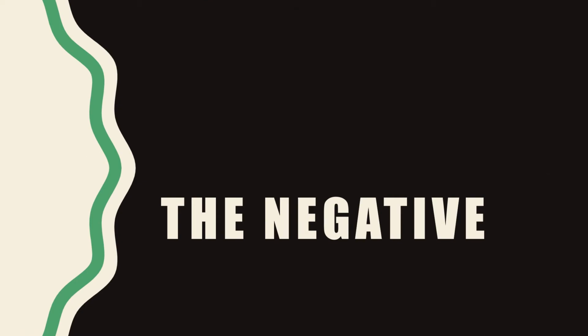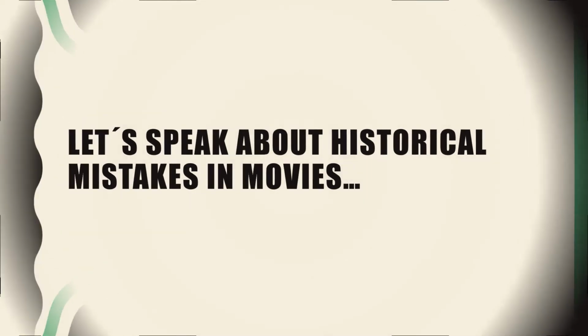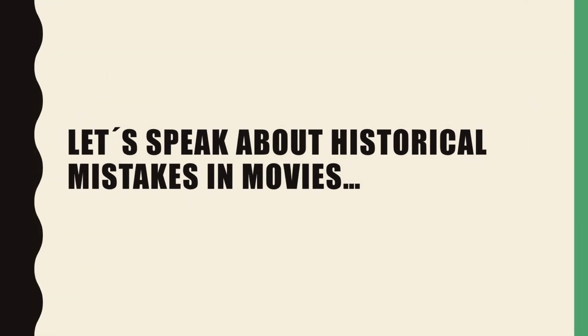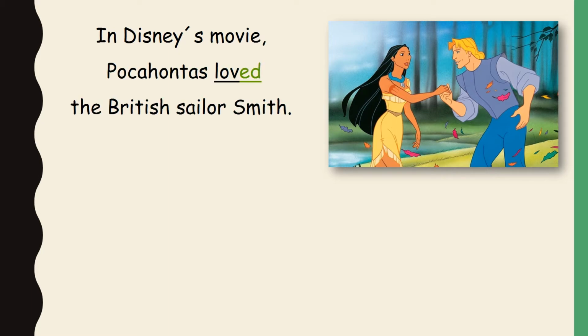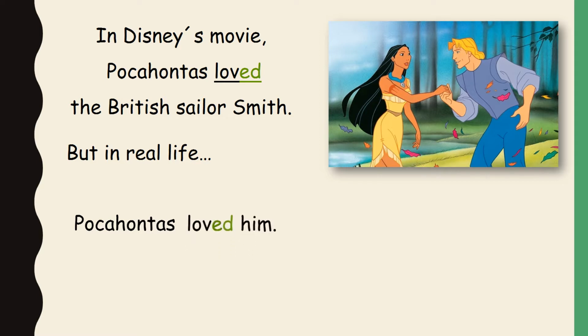So let's go to the negative, which is kind of similar. Let's use historical mistakes in movies. So, movie number 1. Who hasn't watched Pocahontas? In Disney's movie, Pocahontas loved the British soldier Smith. But in real life, and look at this, I need to express the negative.